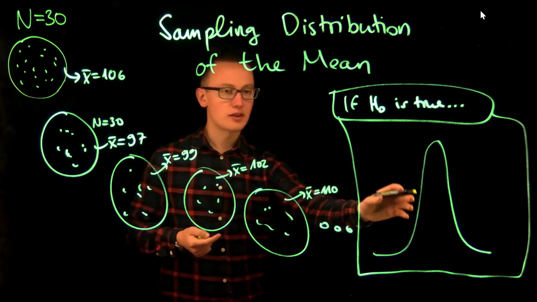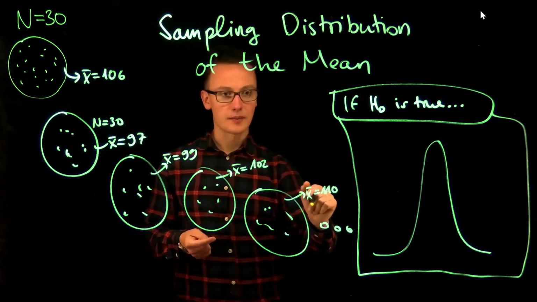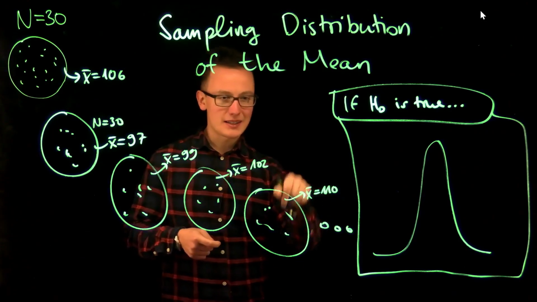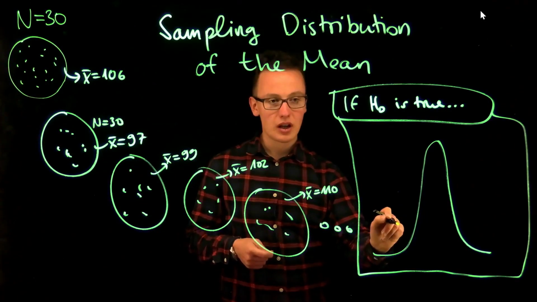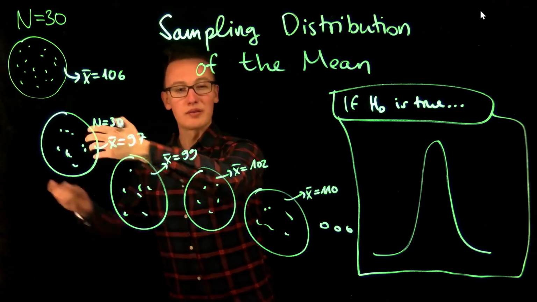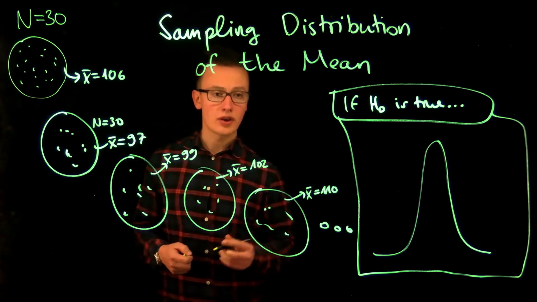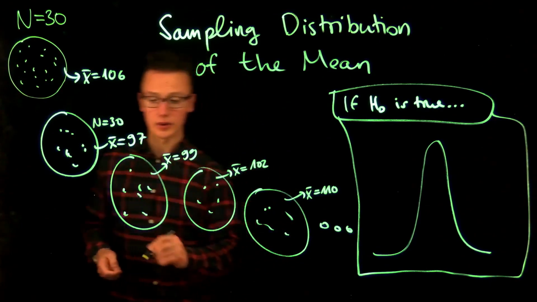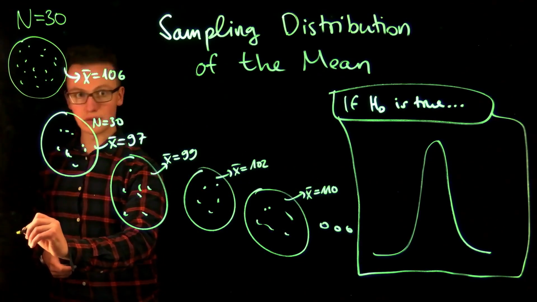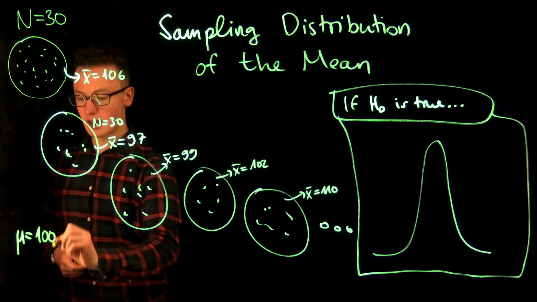This is not the distribution of the raw IQ scores in the general population, but instead it is the distribution of the means of these individual samples that we have taken out of the population.